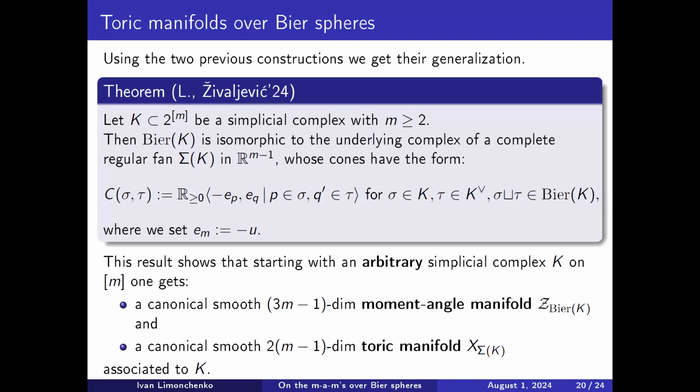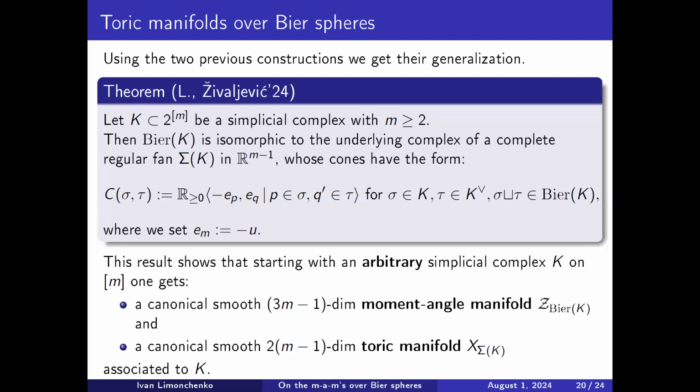And here is the description of the cones of this regular, not complete, fan. The generators, the extreme rays, are generated by plus or minus basis vectors, plus the vector e_m equals minus u. So whenever you have P of Q equals M, then it's plus or minus u.